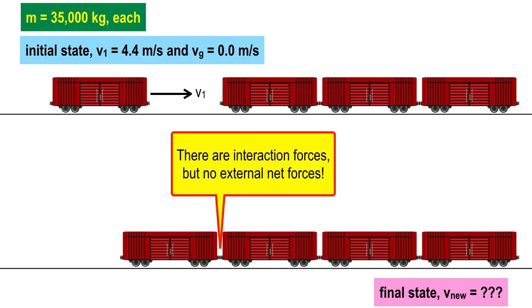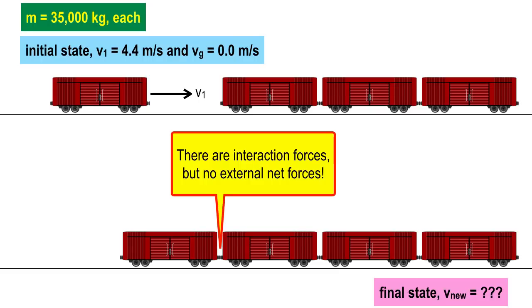Let me ask you a question. When these things interact, which set of rail cars is going to push to the right? Boxcar number 1 or the group of 3? Boxcar 1. I see somebody up here in the front going like this. Yep, boxcar number 1.